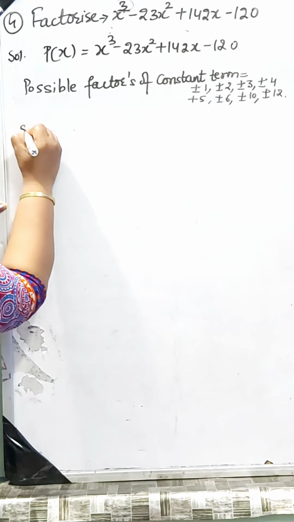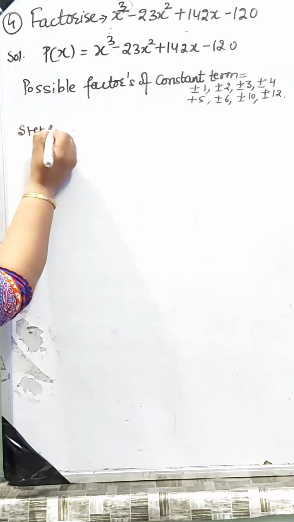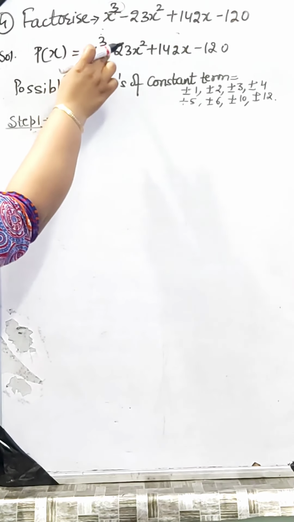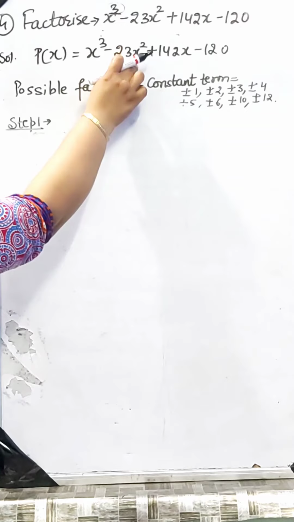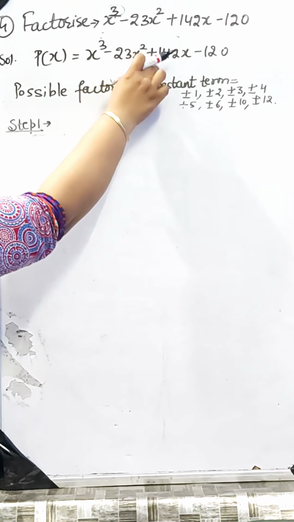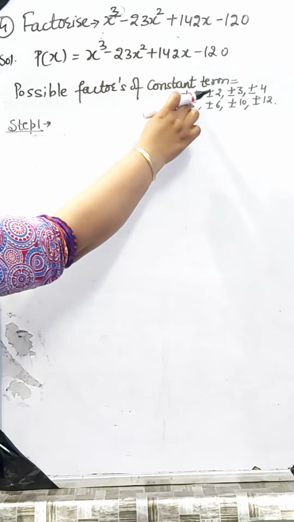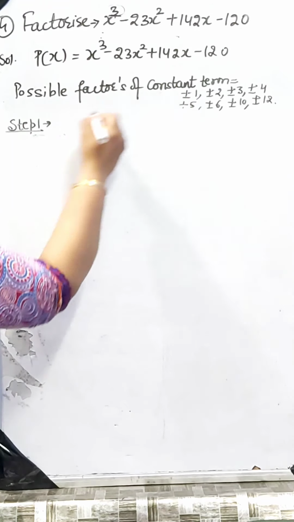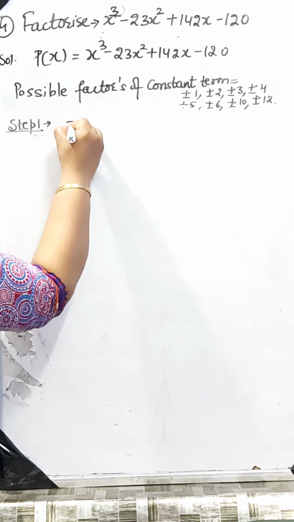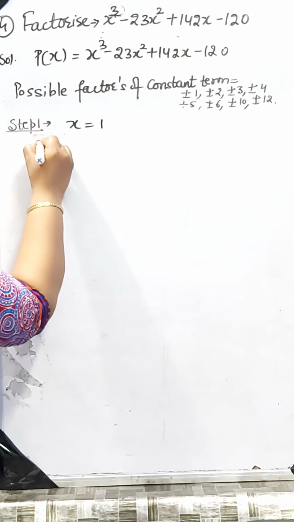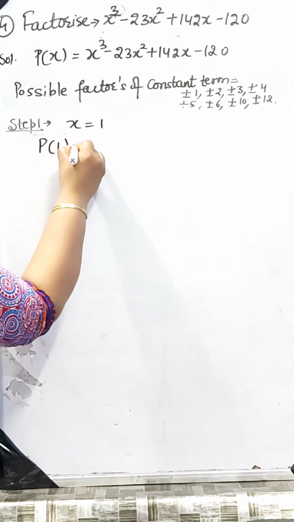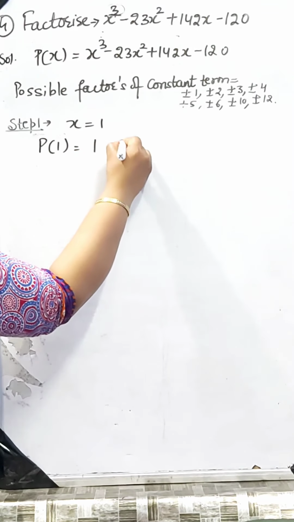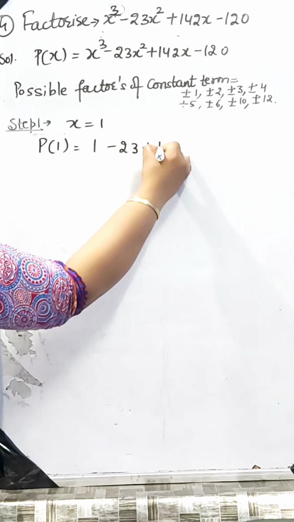Now step 1. In step 1, we have to find one possible factor of this polynomial. To find it, we have to substitute these factors one by one in this polynomial. Let's start by putting x equal to 1. If our selected factor makes our polynomial 0, then we stop.